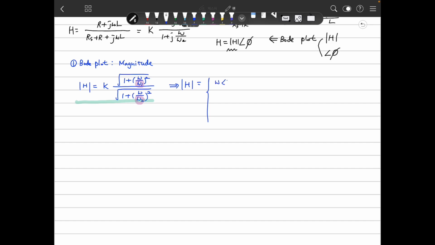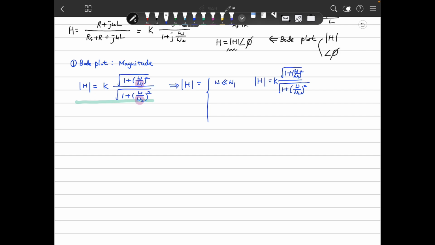When omega is very small compared to omega 1, then H will be k times (1 plus j omega over omega 2) over (1 plus j omega over omega 1).